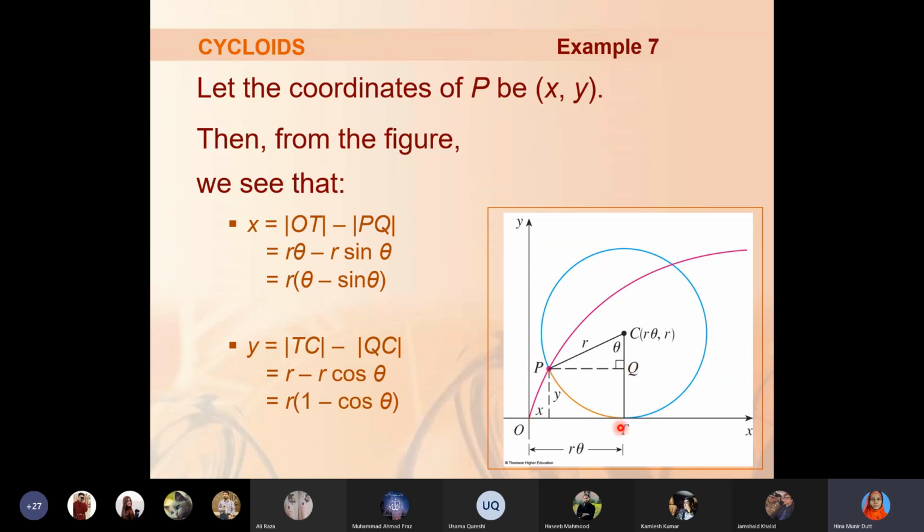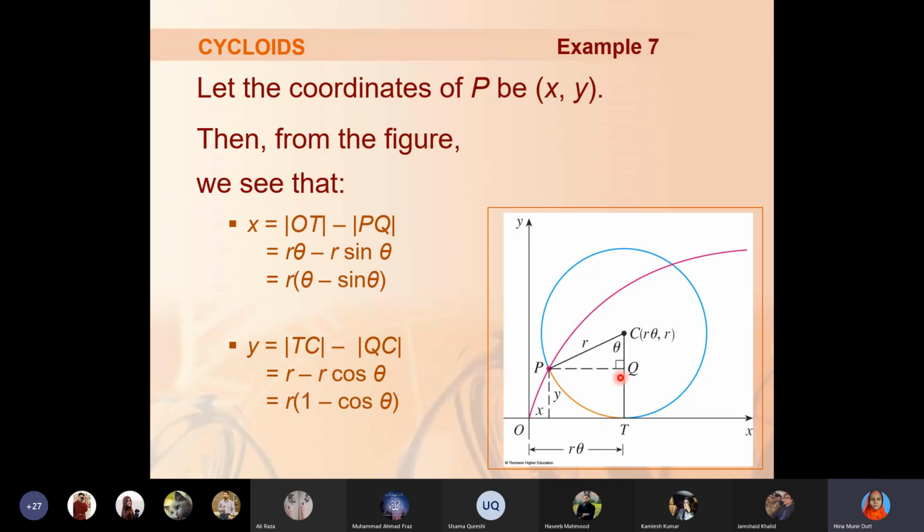Now OT is equal to the arc PT, which is equal to R theta, and PQ is the perpendicular of this right angle triangle. This is the angle theta, the hypotenuse is R, so this perpendicular is equal to R sine theta. We can take R common and we get R into theta minus sine theta.